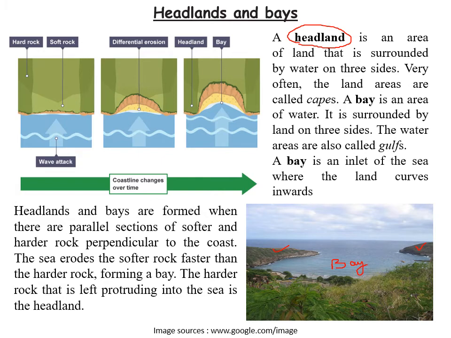Say for example, in this case the dark green portion is the hard rock and the light green portion is the soft rock. Again, the dark green portion is hard rock. So with time, all these rocks are directly affected by the coastal processes, by the wave attack.